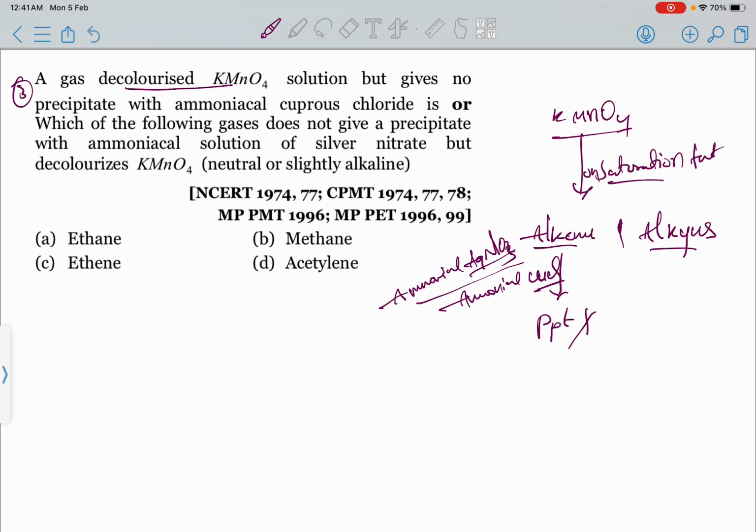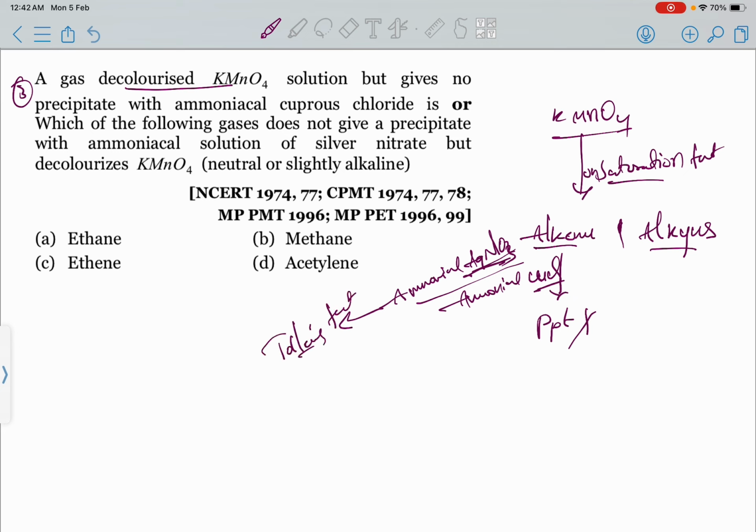Both of that will not be given. We generally call it Tollens' test and Fehling's test and all. Whatever the reagent is, ammoniacal cuprous or ammoniacal silver nitrate, we call it the Tollens test.